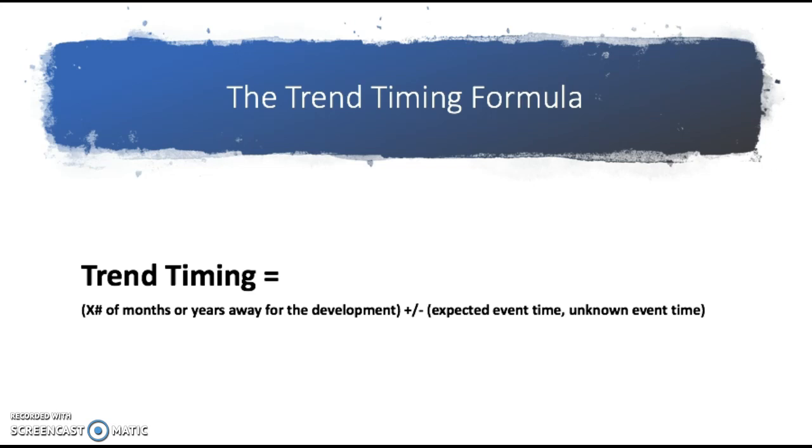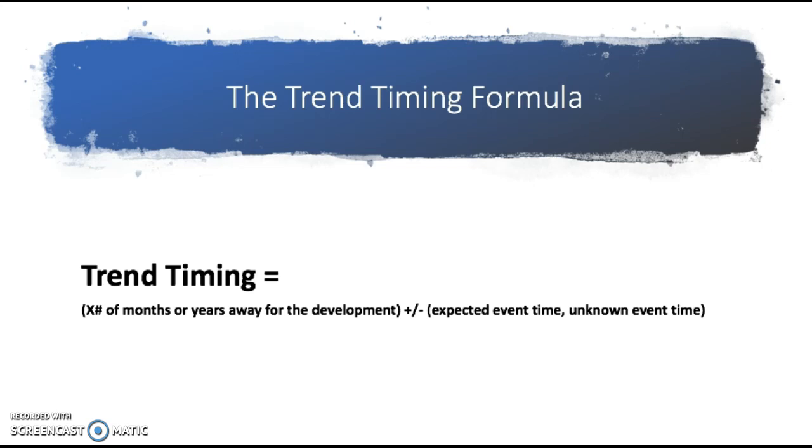Contributing factors for unknown event time include chaos, such as a tragedy, a market crash, a windfall, cultural adoption, media awareness and evangelism, competition from other companies, and also competition from adjacent technology and sources.